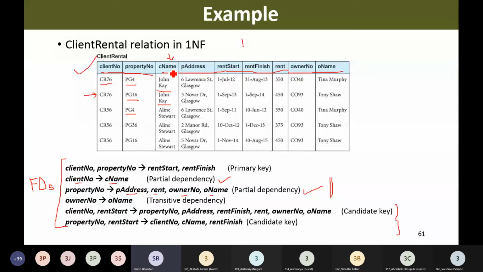But if we look at this attribute client name, is client name dependent upon property number? Anybody?